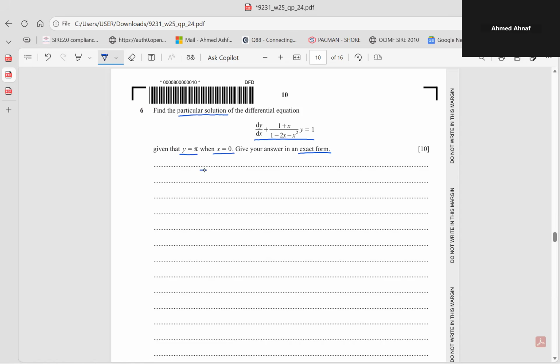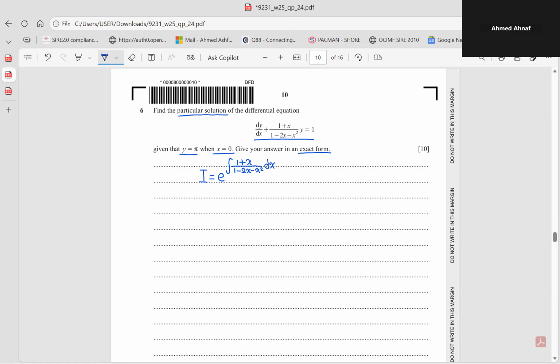To find it, you take e and raise it to the power of the integral of the coefficient of y. So we have to integrate (1 plus x) over (1 minus 2x minus x squared) dx.